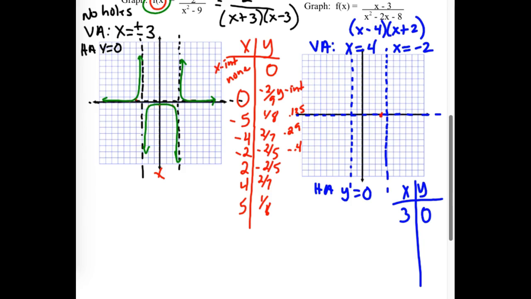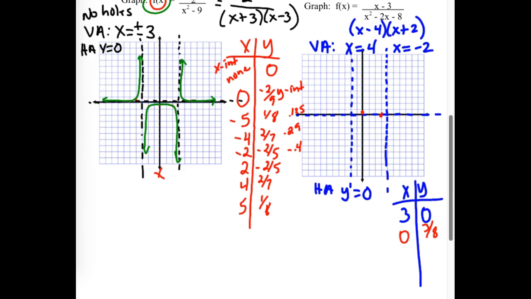Okay, and putting a 0 in for x, what happens? The top becomes -3, the bottom becomes -8. -3 divided by -8 would be positive 3/8, so not quite a half. Okay.